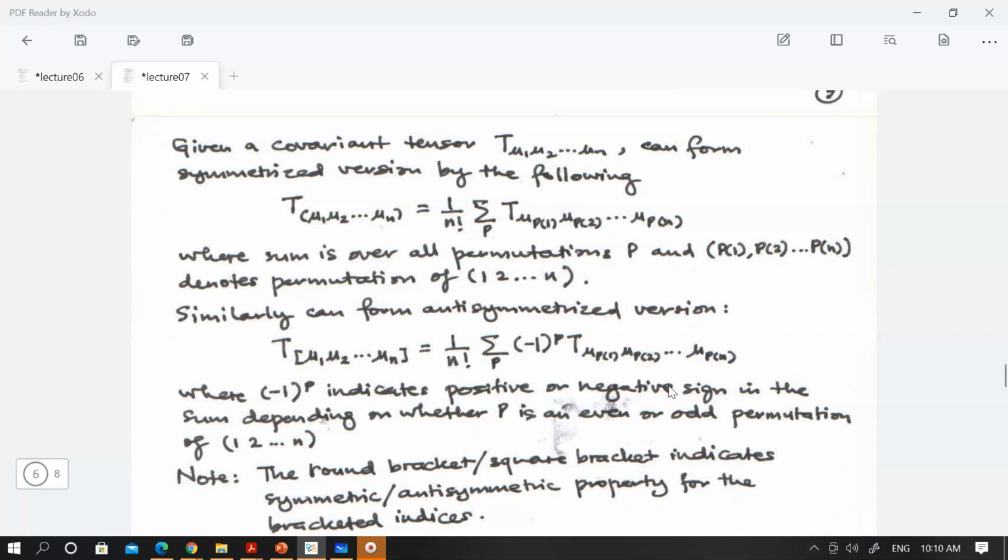Okay, so you can, for example, begin with something like T mu nu rho, which could be not totally symmetric, but you can now symmetrize it by writing down all possible permutations. So mu nu rho, and then nu, mu, and so on and so forth.